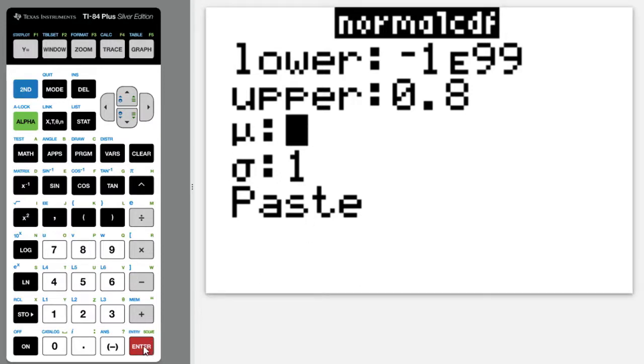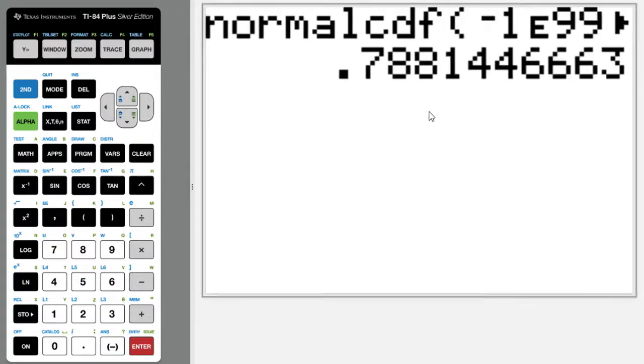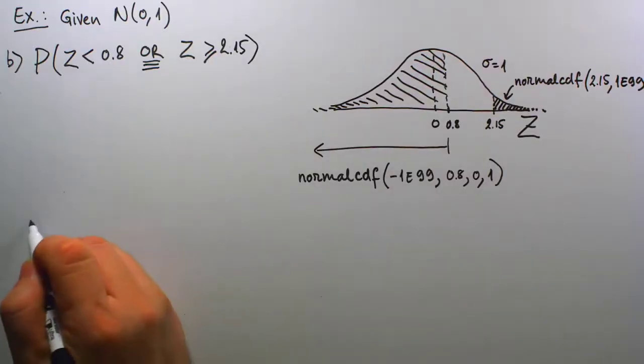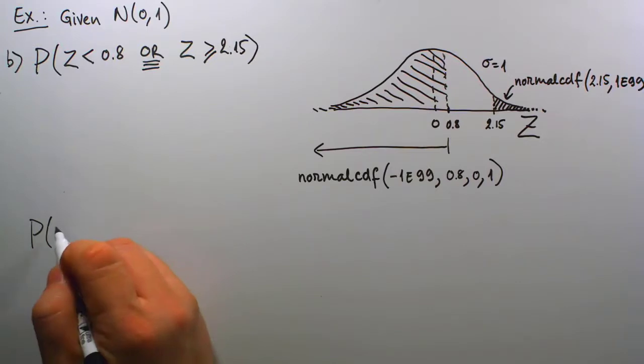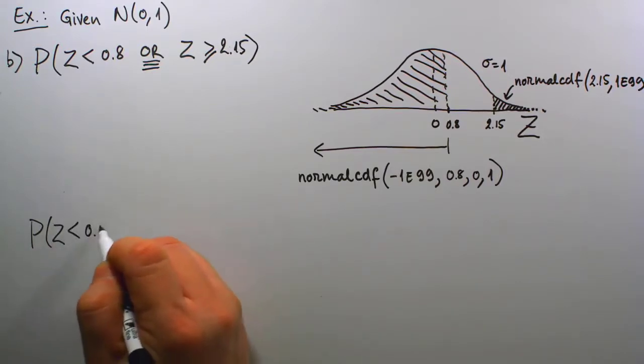That means I am going to hit enter a few more times. And now we are ready for getting an answer. The answer currently is 0.788144466 and a lot longer, and that is the answer to individually the area to the left of 0.8.